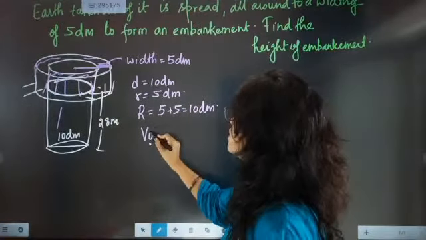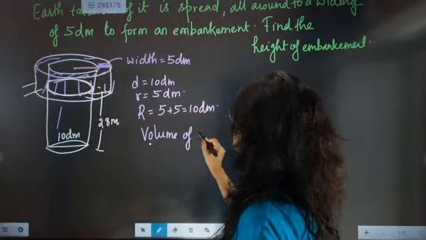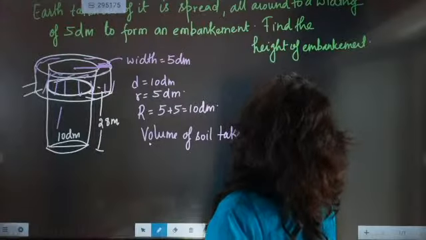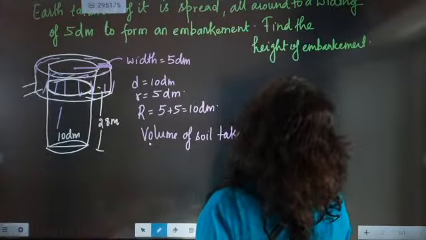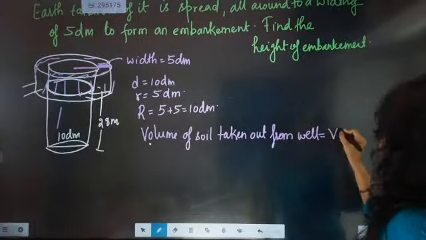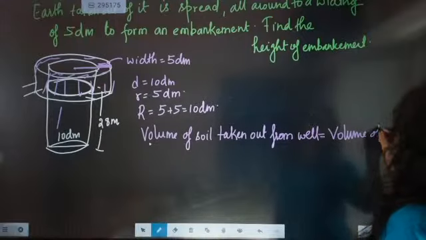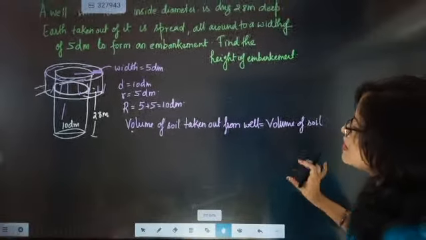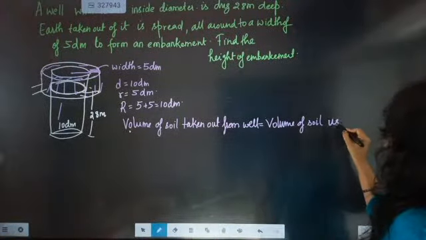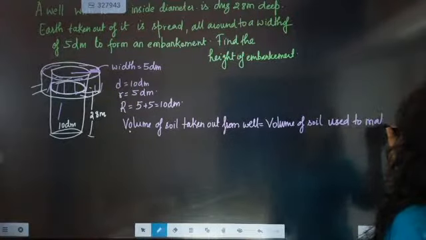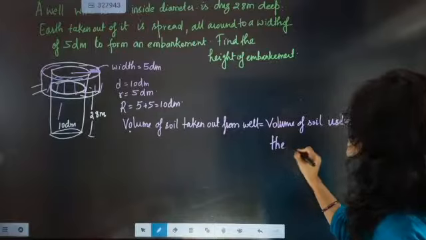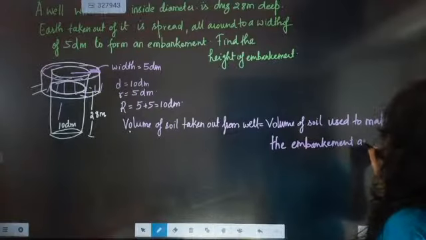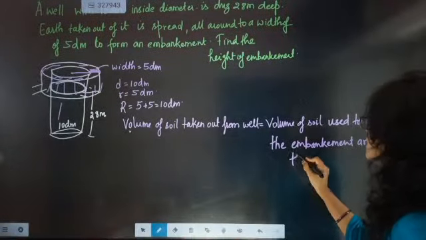Volume of soil taken out from well will be equal to volume of soil used to make the embankment around the well.